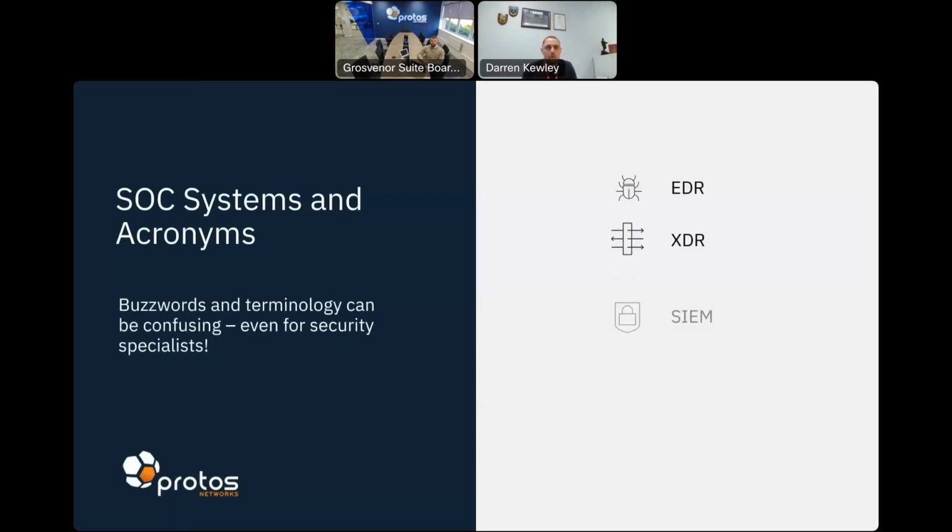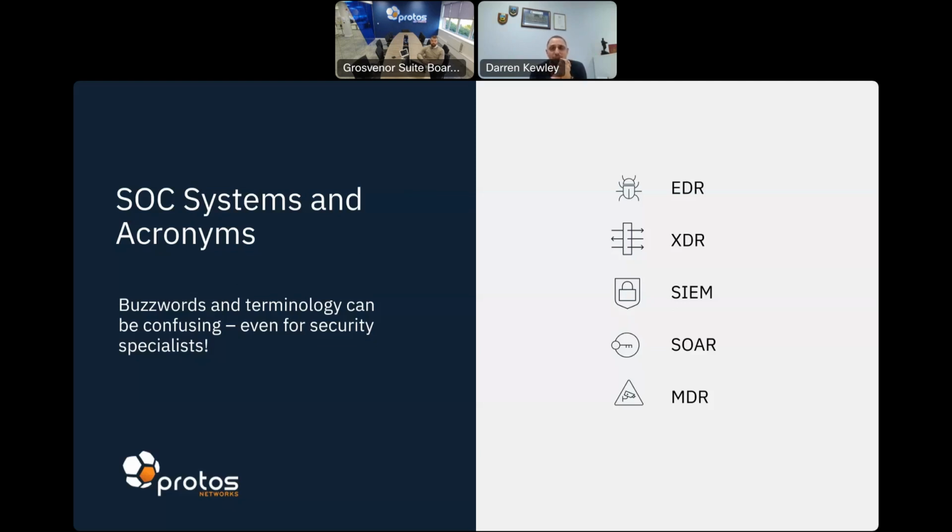So when we talk about SOC services and things like that, there's a lot of buzzwords. It's a bit buzzword bingo out there, and it can be quite confusing even for us as security experts, and very confusing for buyers, IT managers, non-IT people, leaders, CTOs, because it's constantly changing.